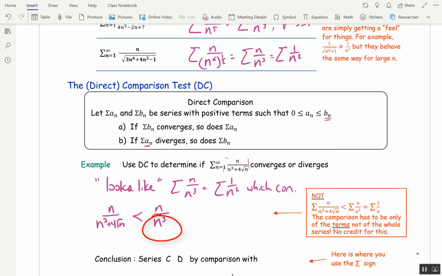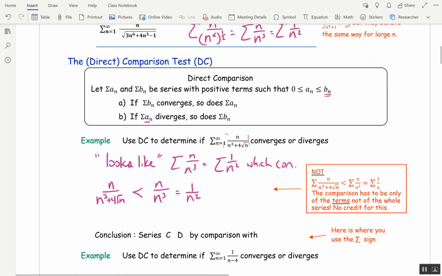So the fraction is smaller. So this is a true statement, but that's 1 over n squared. 1 over n squared are the terms from a convergent series. So the conclusion is this series converges by direct comparison with the sum n equal 1 to infinity of 1 over n squared.